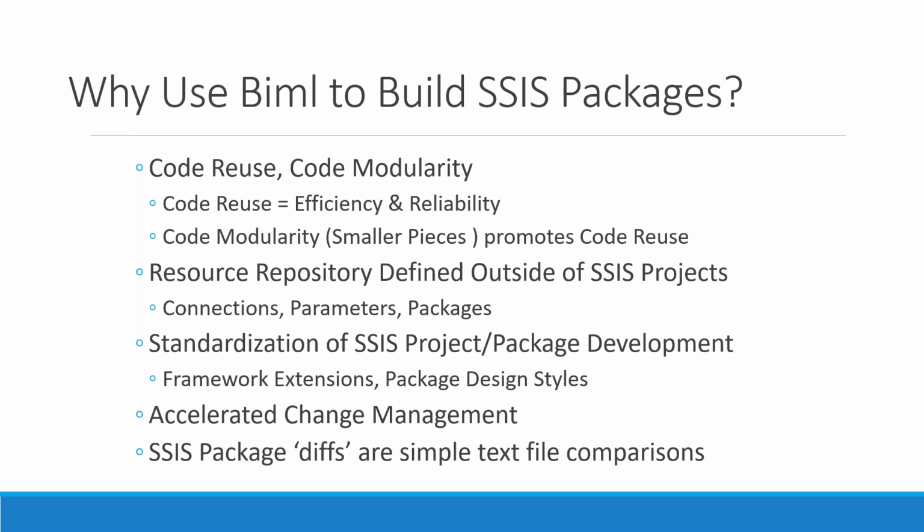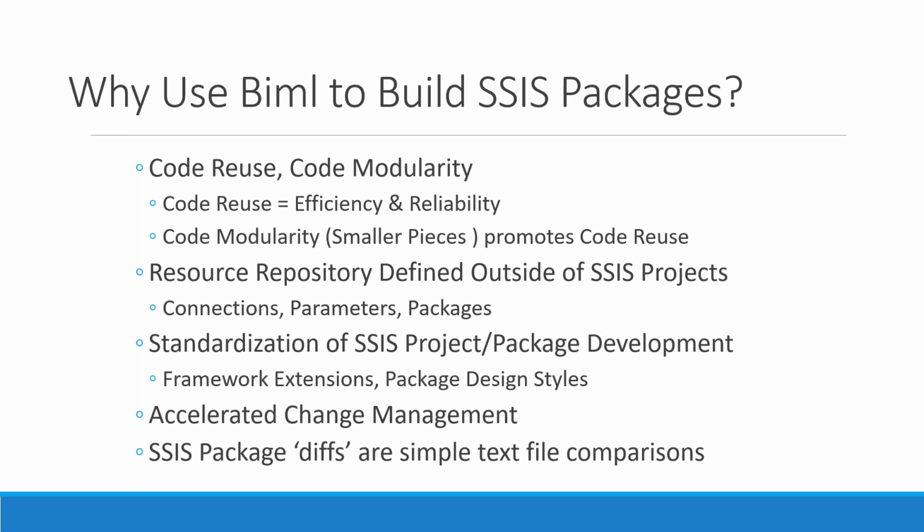You can also define objects that SSIS uses outside of SSIS. So what's the most common thing you start with in SSIS? It's a connection. And then you probably have parameters to configure that connection, then packages. Well, how do you reuse that outside of an SSIS project? Well, I suppose you could create a new project and then copy, import them over, but that's not really code reuse, that's code duplication.